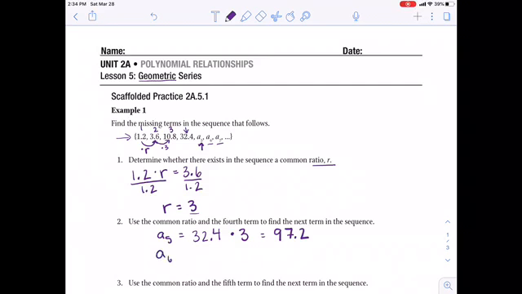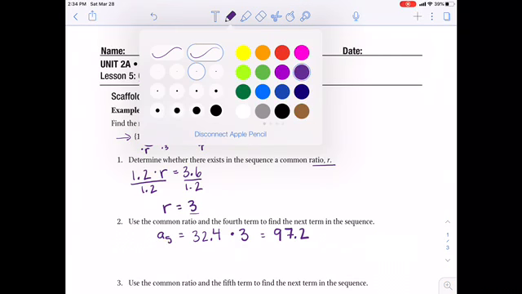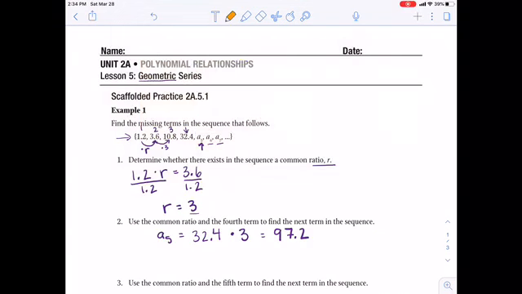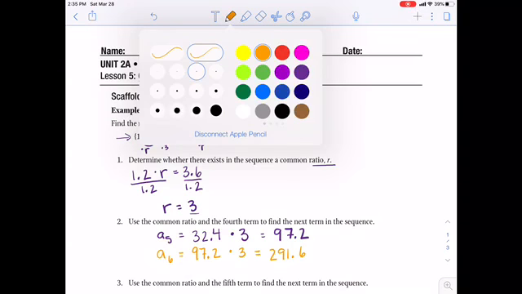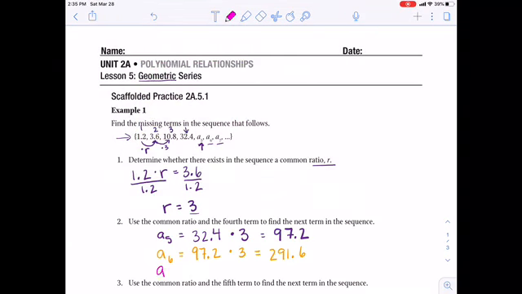To get a sub 6, the sixth number in the series, we take our previous number, which was 97.2, and we multiply it by 3. If I type that into my calculator, I get 291.6.